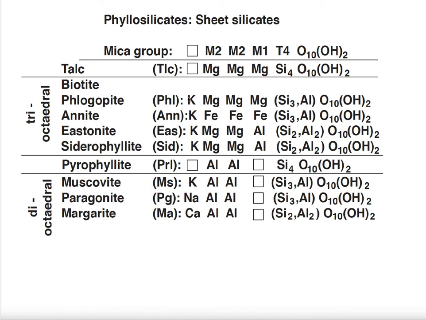So then we have potassium Mg2 Al. We are removing one magnesium on the M1 space, putting an aluminium there, and then we are putting another aluminium on the tetrahedral side and removing one silica. Then we have the mineral chemical formula: potassium Mg2 Al3 Si2 O10 OH2.